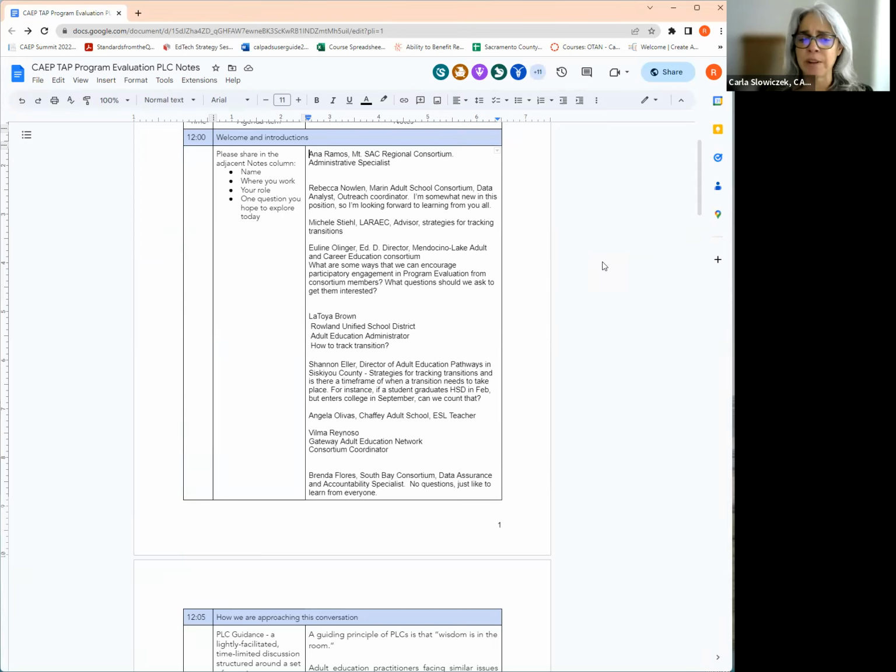Lydia, do you have anything to add? Well, yeah, and that's where one of the handouts from Monday was so valuable. It's the color-coded chart that breaks everything down that CASAS has hidden away.